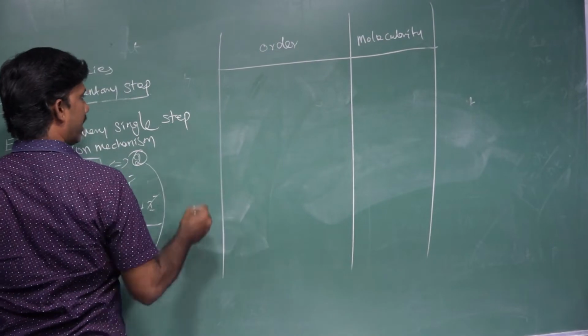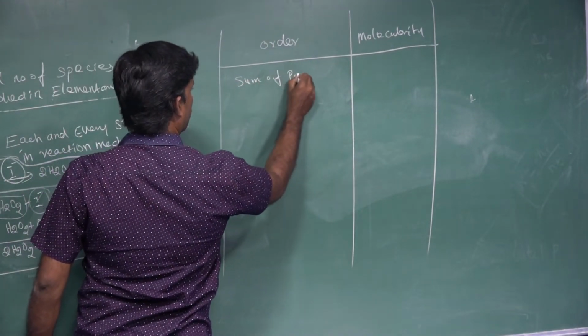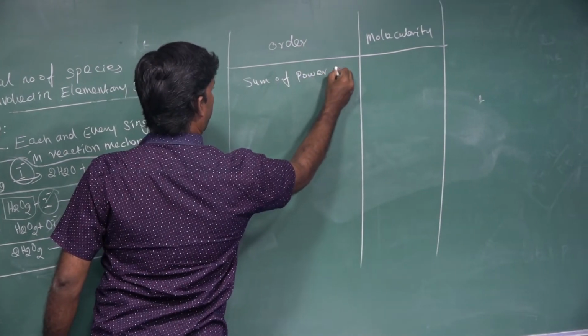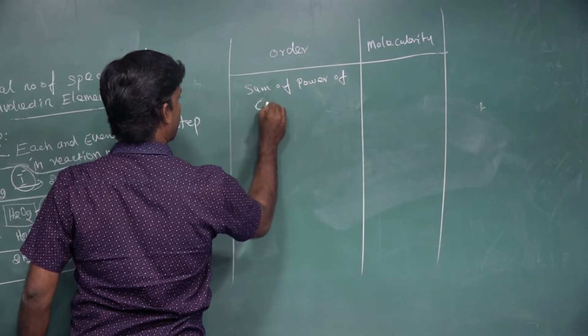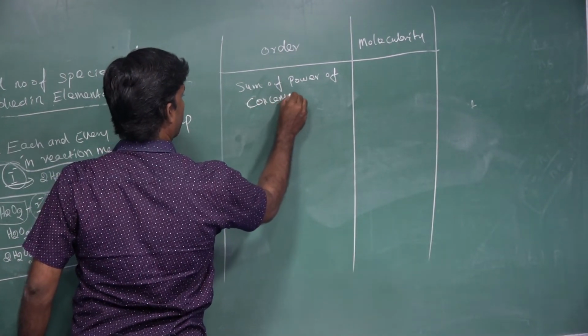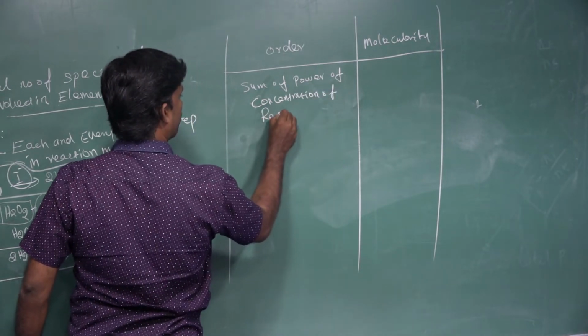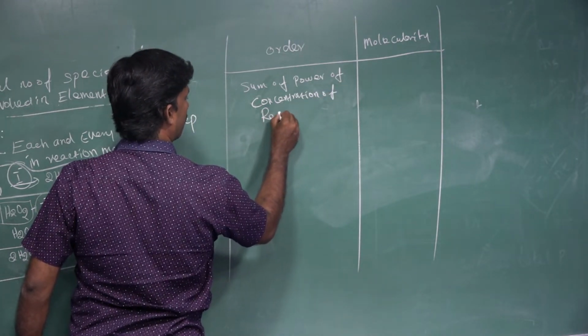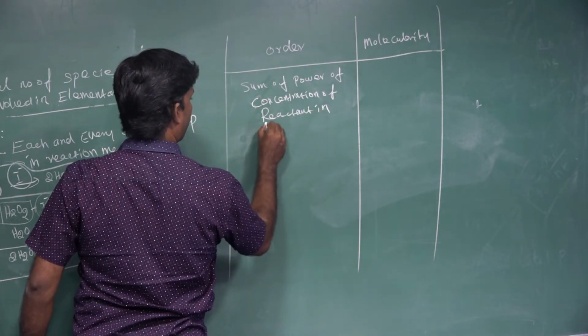I already explained that it is the sum of the powers of the reactant concentration of the reactant in a rate law.